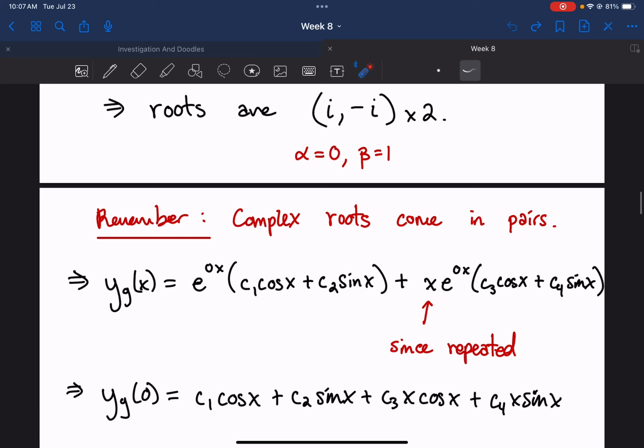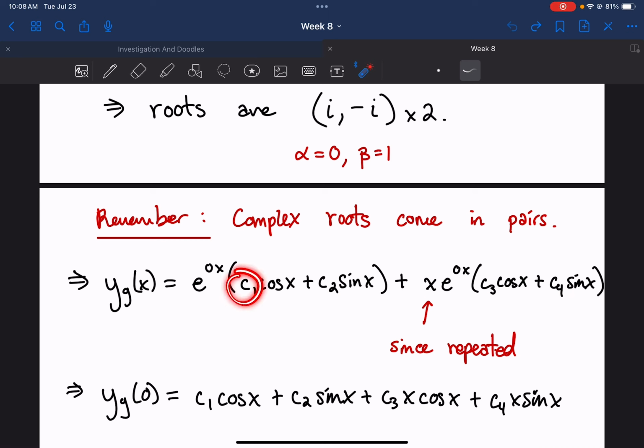So I get e to the alpha x, c1 cosine beta x, c2 sine beta x, plus, since it's repeated, I add an x, e to the alpha x, c3 cosine beta x, c4 sine beta x, right? Notice that my constants are all different.